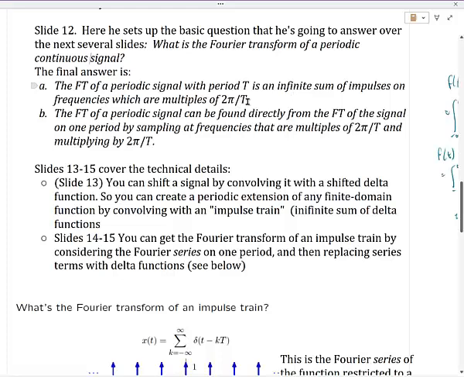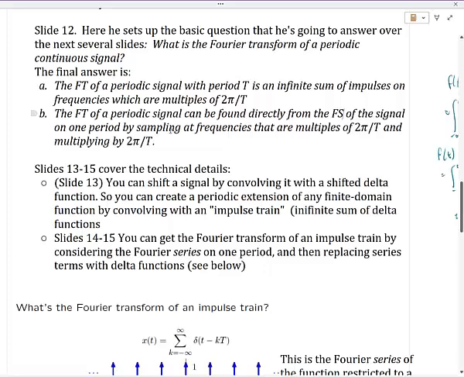So a periodic signal gives me a discrete Fourier transform. Now, the Fourier transform of the periodic signal is closely related to the Fourier series of the periodic signal. The Fourier transform of a periodic signal can be found directly from the Fourier series of the signal on one period, by sampling at frequencies that are multiples of 2 pi over T, and then multiplying by 2 pi over T. We'll see how this works.